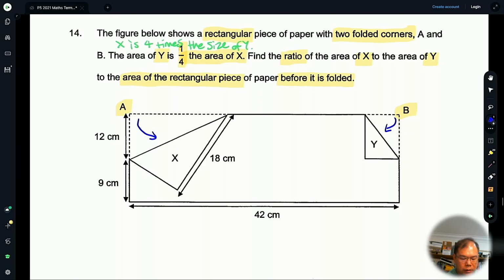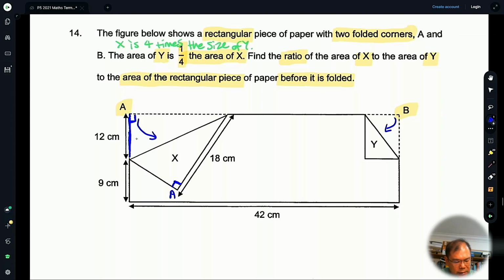Okay, so if we look at X, it shows here 12 centimeter. This length is 12 centimeter. This length, how do I know what this length is? Now, it's not important because you know that this is the corner of the paper folded down. So when you fold it down, this is the point A that's being folded down, right?